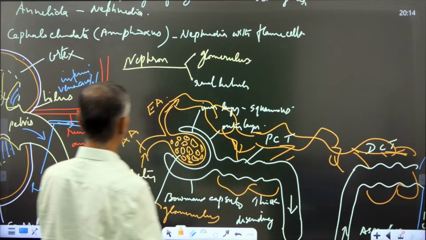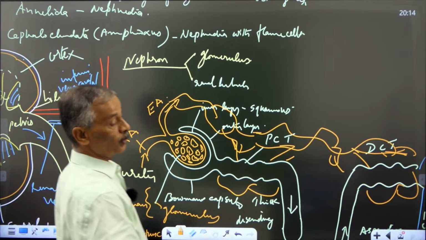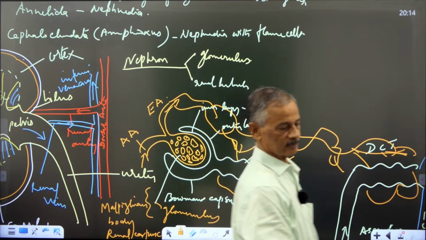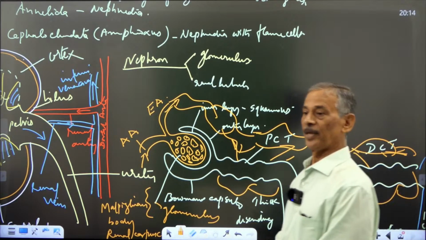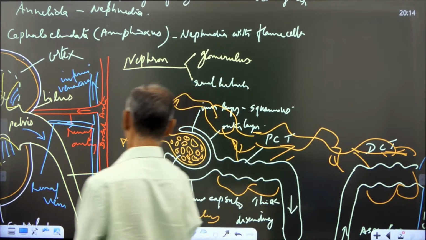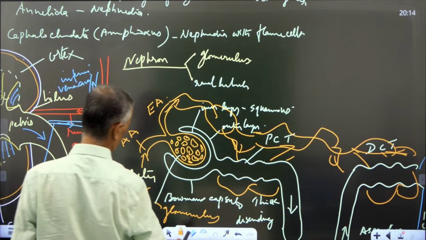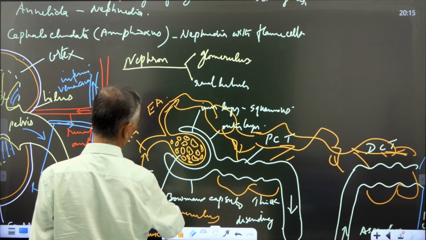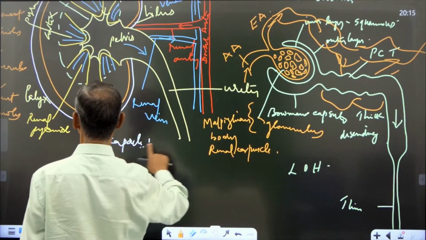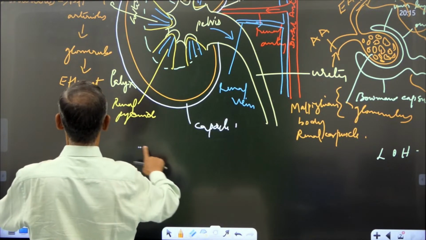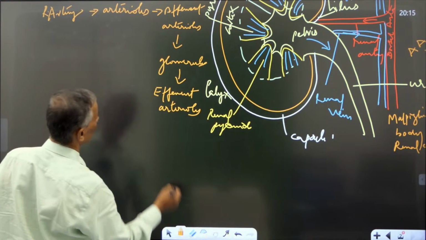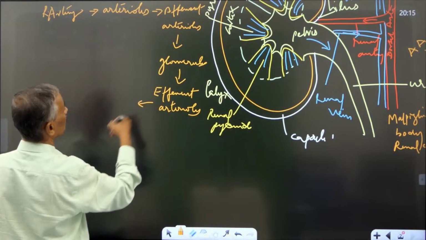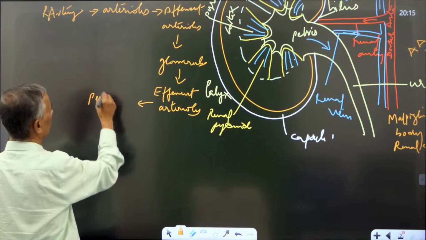So we can call them peritubular capillaries. Peri means surrounding, around. So peritubular capillary means capillaries around the tubule. So efferent arterioles are giving rise to peritubular capillaries.